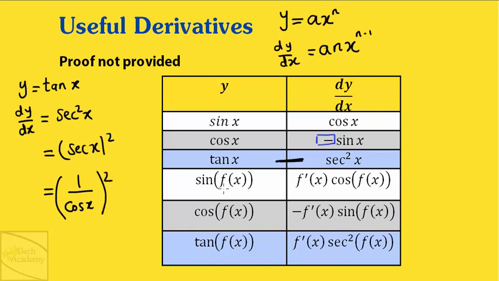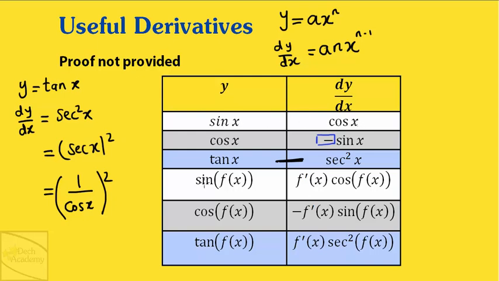Of course, everything. And then this looks a bit messy, but it's actually simple. So this says if y is equal to the sine of a function of x, dy dx is equal to the derivative of that function times the cosine of f of x. Now, an easy way to remember this is to remember that the derivative of the sine of x is the cosine of x.